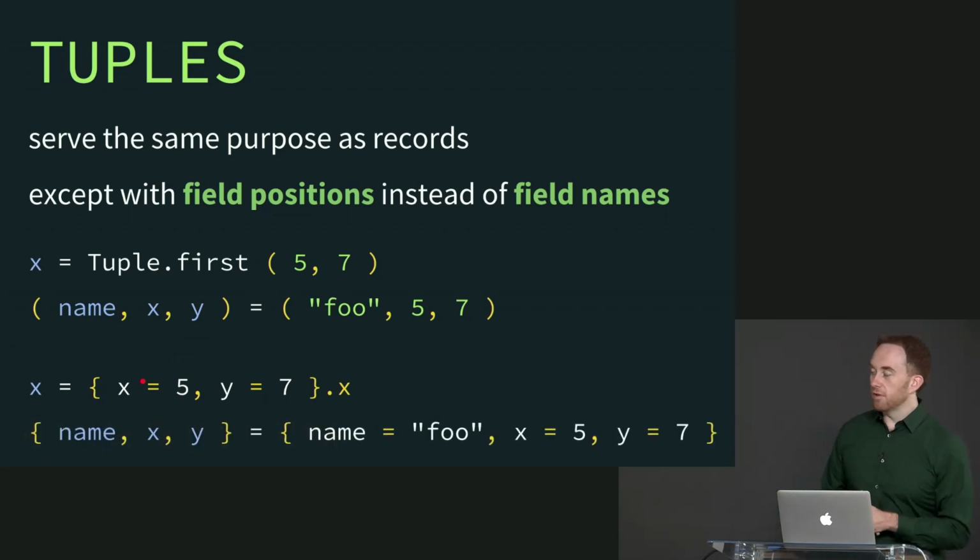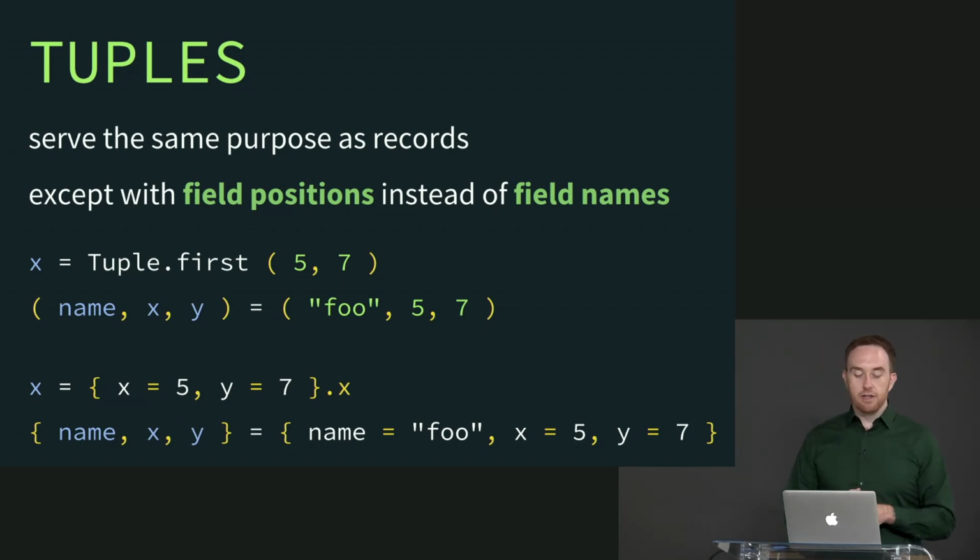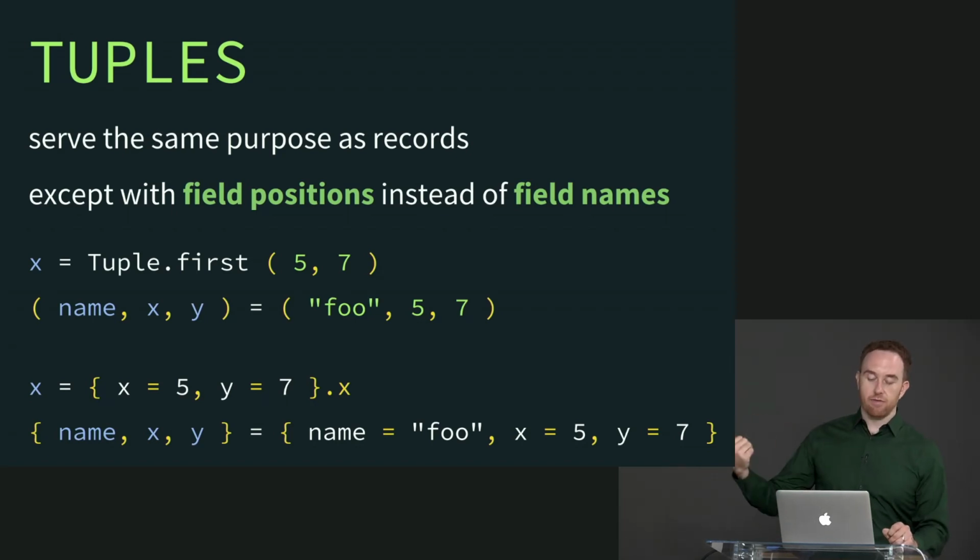The larger example, converted to a record, can be done the same way. You can use this curly brace syntax to destructure records in the same way that you can tuples if you want. The only difference is that in the tuple example, name, x, y refers to the positions, whereas in the record example, it needs them to have the same name as whatever's in the record.